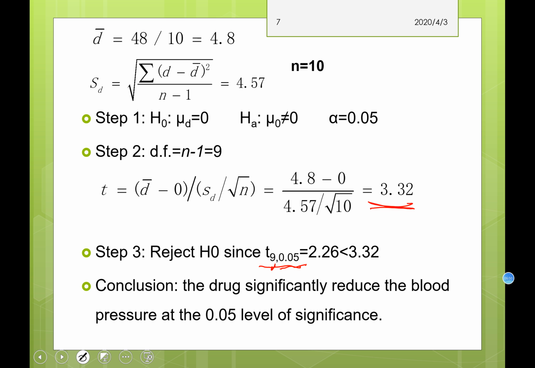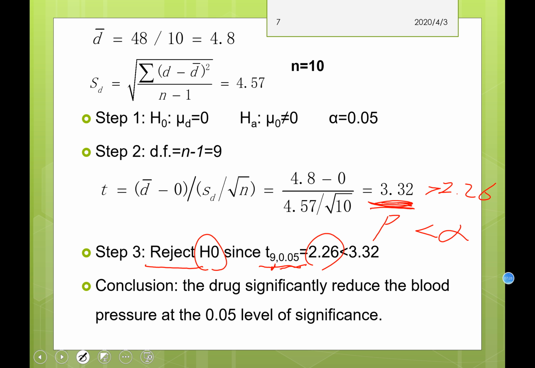By checking table A2, we found that the standard t-value is 2.26. And what we calculated is bigger than the standard t-value. So that means its corresponding p is less than alpha. So when p is less than alpha, we need to reject H0. So that is step 3. We make the decision to reject H0.